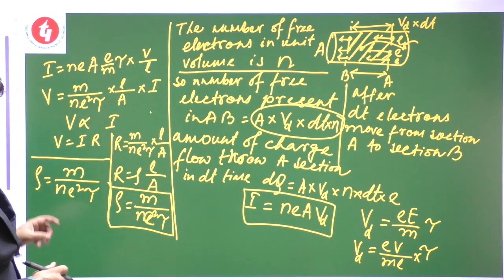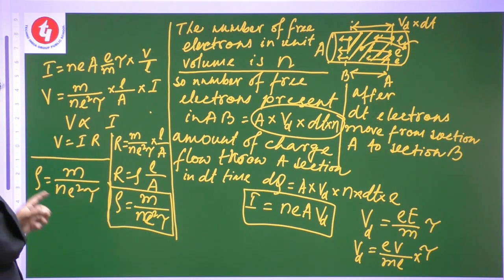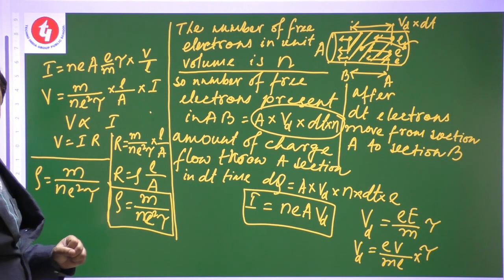So in the case of copper, n is greater, so obviously resistivity decreases. And another factor is tau.